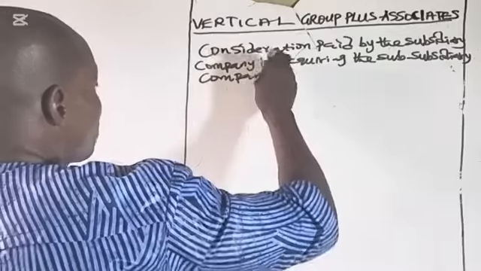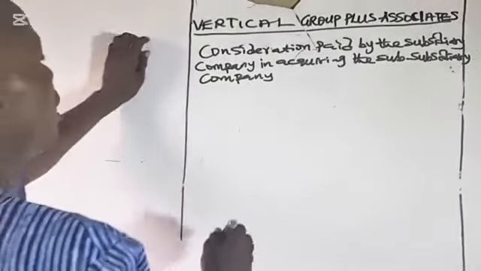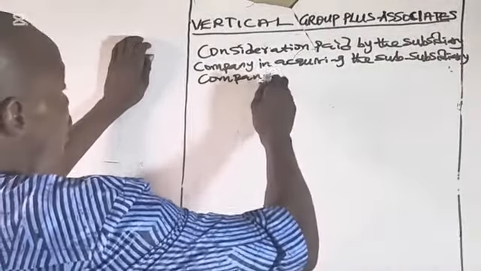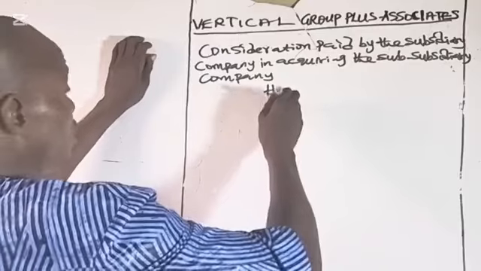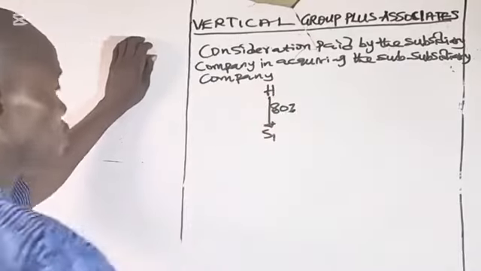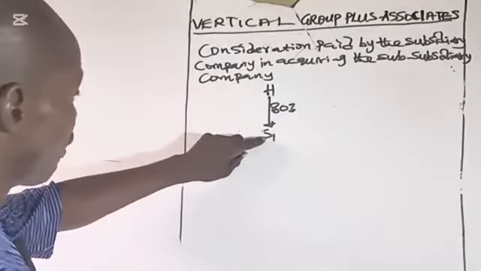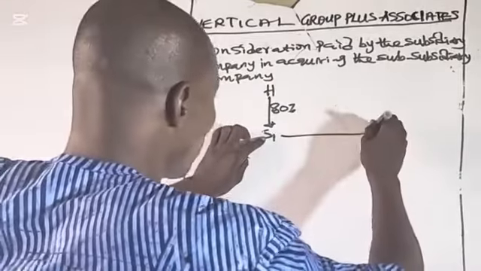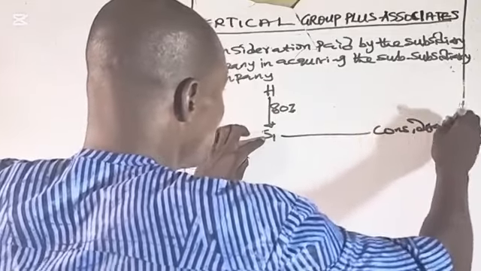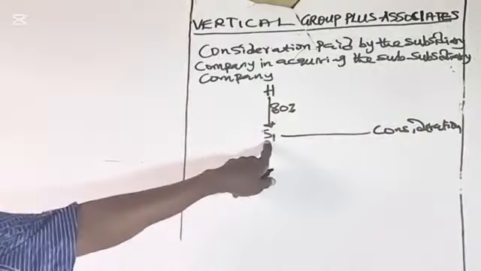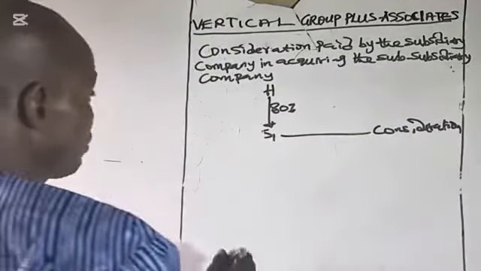The consideration, remember, based on my earlier illustration, H acquired S1, so acquired 80%. When H acquired 80% of S1, certain consideration was paid. That consideration will be used in calculating goodwill on acquisition of S1.